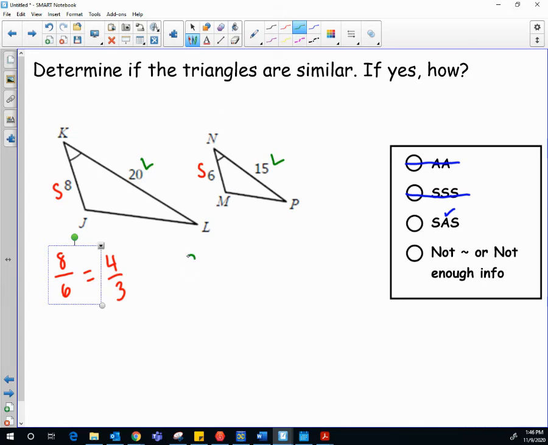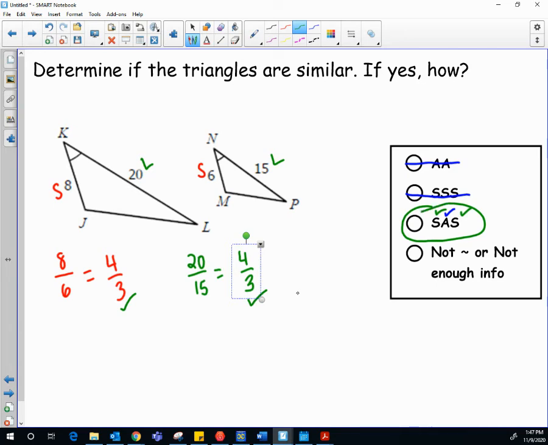So we have 20 over 15. And let's simplify it, or you could put it in the calculator. So I can simplify this by 5, and we end up with 4/3. And look here, both of these are the same. So now we know the sides are proportional, and the angle in between is congruent. So therefore, these are similar by side angle side.